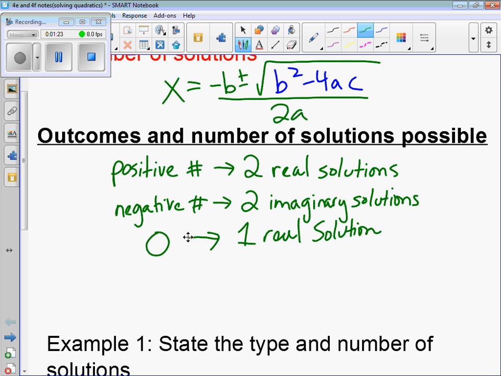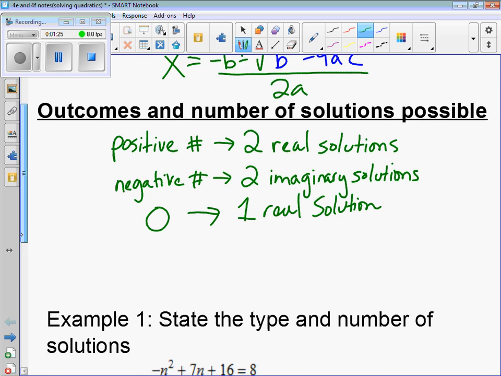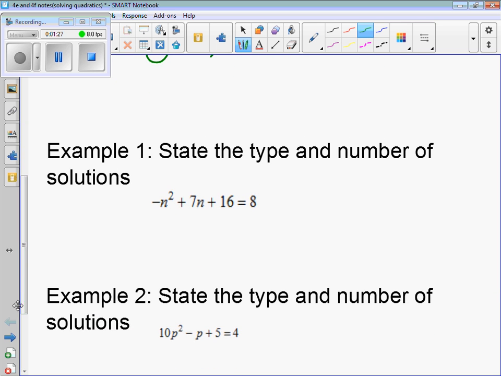Okay, let's get into a couple problems on this. State the type and number of solutions. The first thing you have to do is get into ax squared plus bx plus c equals 0, so we have to make it equal 0. I also try to make the a positive.